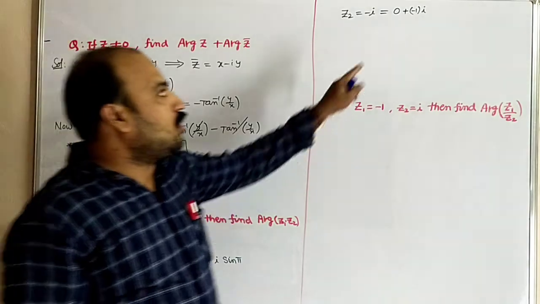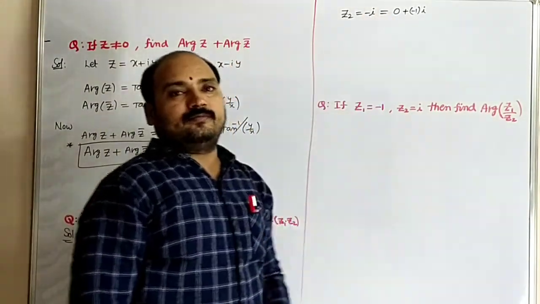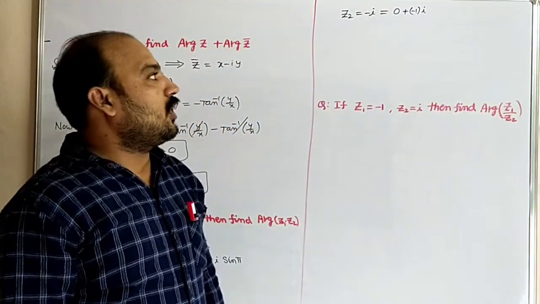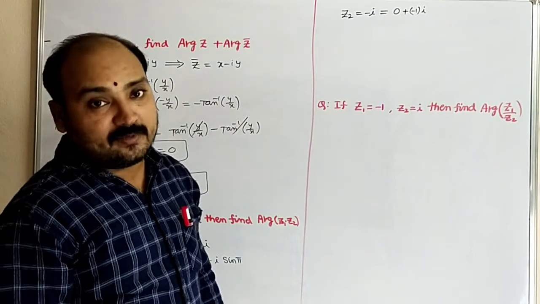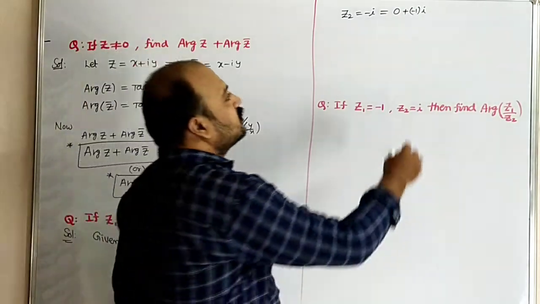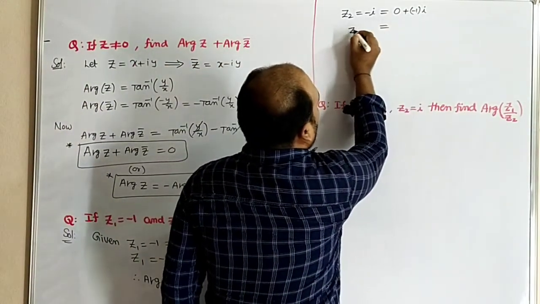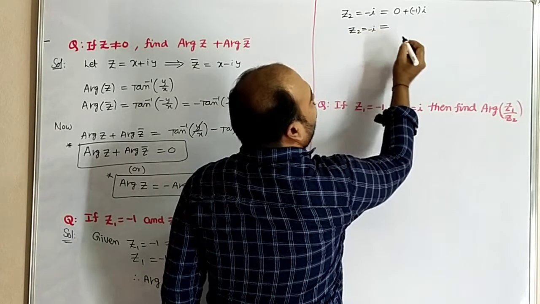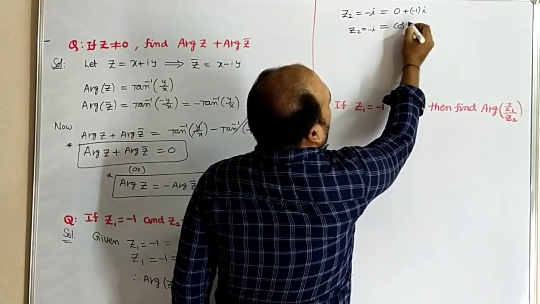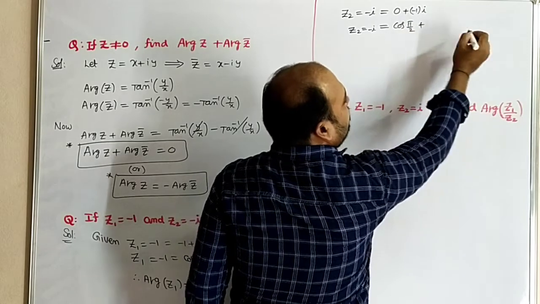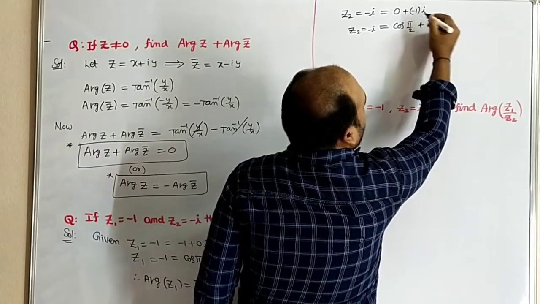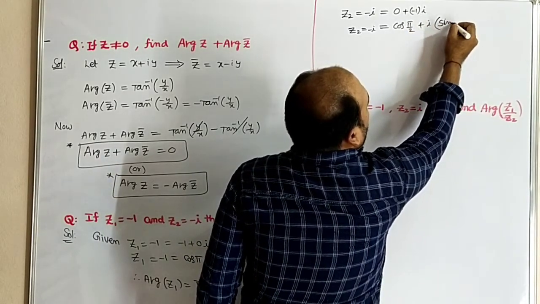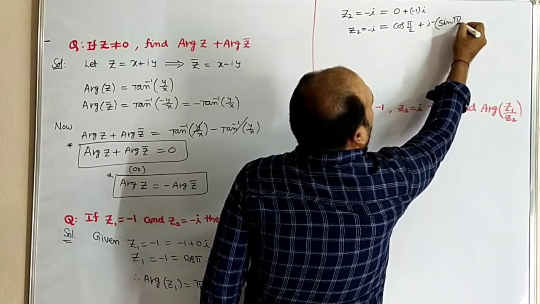Here 0 is cos 90, so we can write cos pi by 2, and minus 1 as minus sin pi by 2.